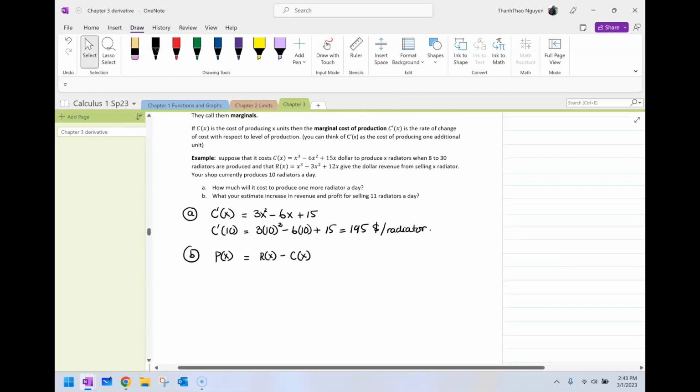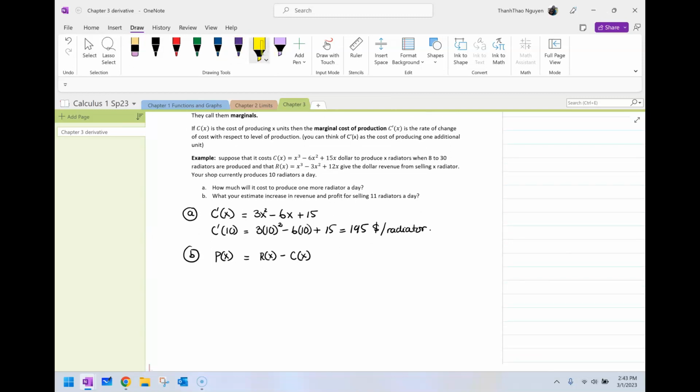Now, we will solve this based on the cost of producing one more radiator per day, because right now you only produce 10. And to sell 11 radiators would mean one more than already producing.